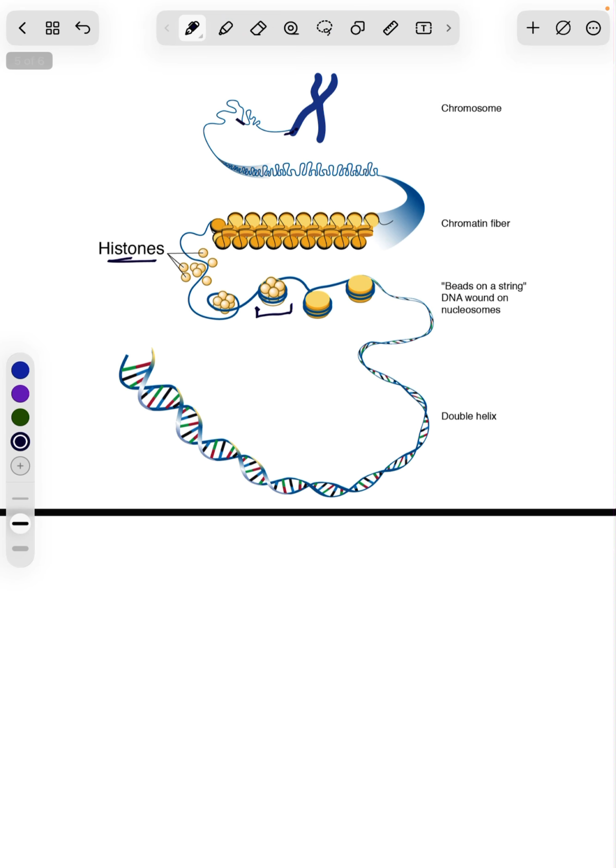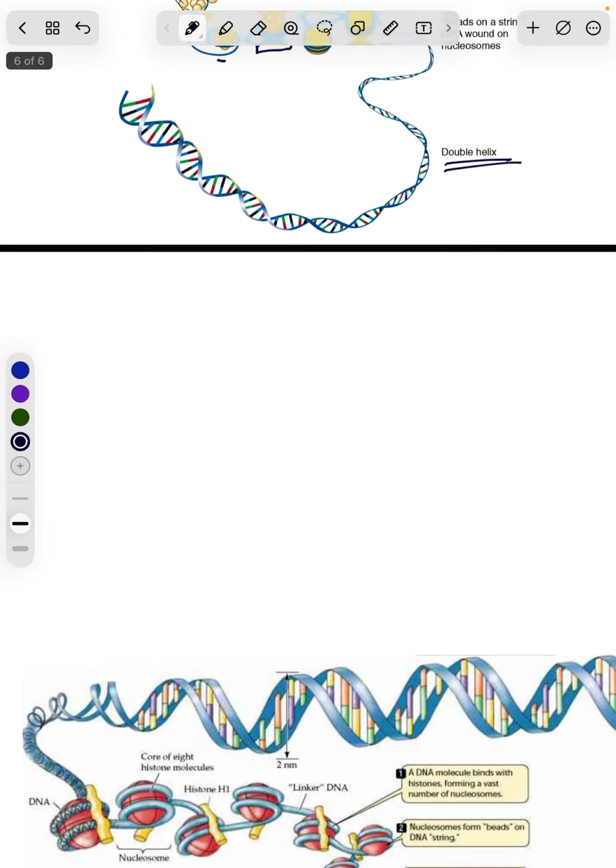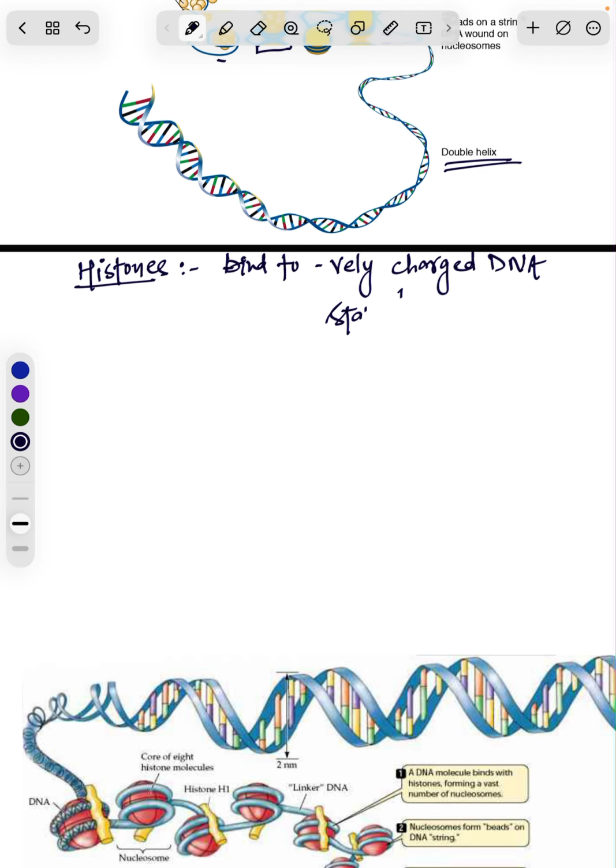And when it binds this way, it forms the DNA double helix structure. So histones bind to the negatively charged DNA and give it stability. So the function of histones is that they bind to negatively charged DNA, which provides stability to DNA.